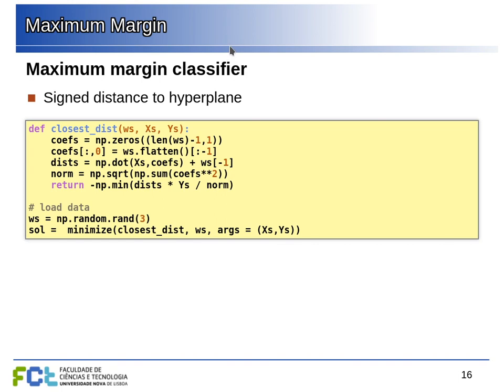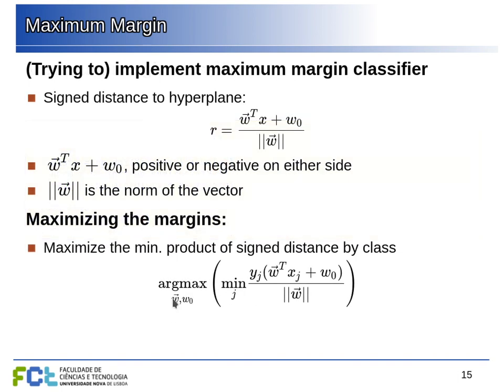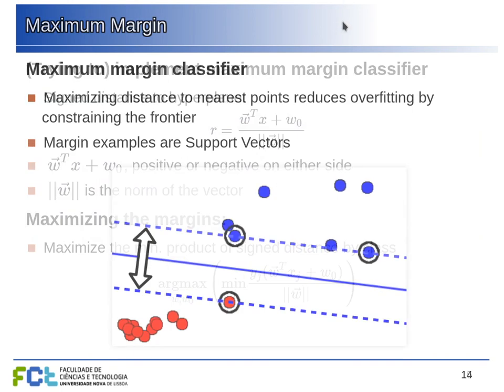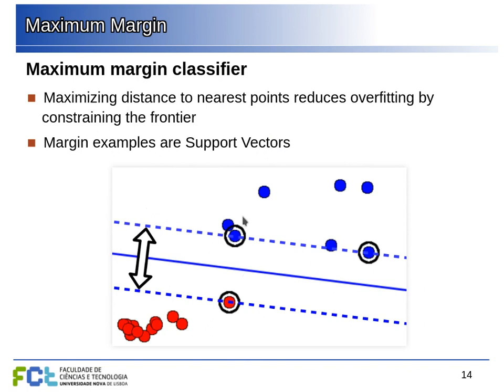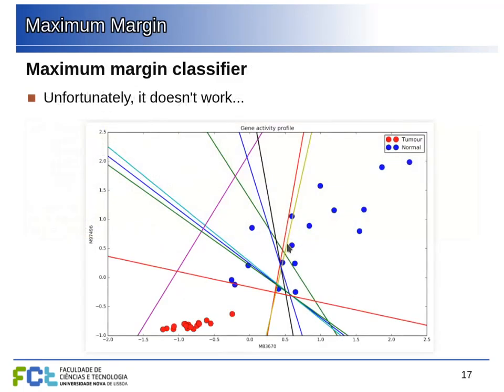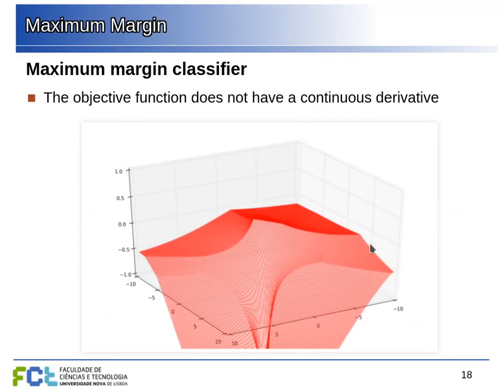But as we keep changing these parameters, the line here will change orientation and the closest points will start to be different points. So if the line is like this, then these are the closest points. But if we change the inclination of the line, then other points here may become closer and so forth. And as we change this, we create discontinuities in the derivative.